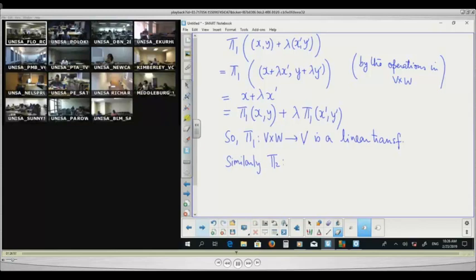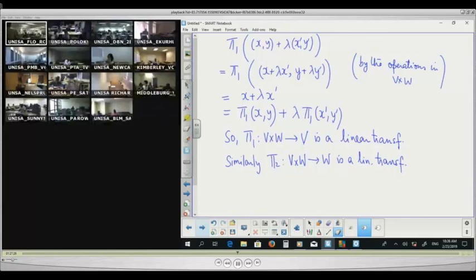And similarly, okay? So the projections are linear transformations.